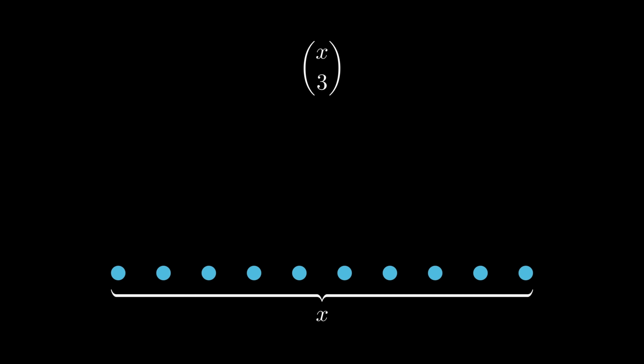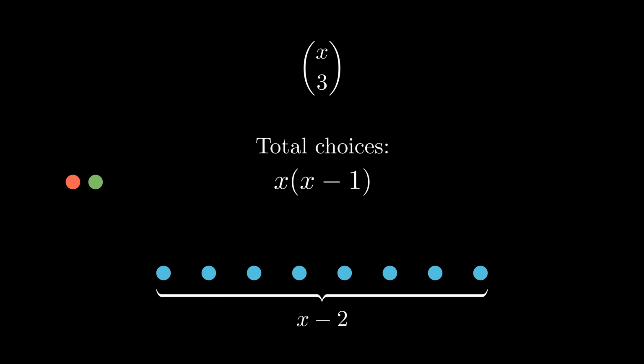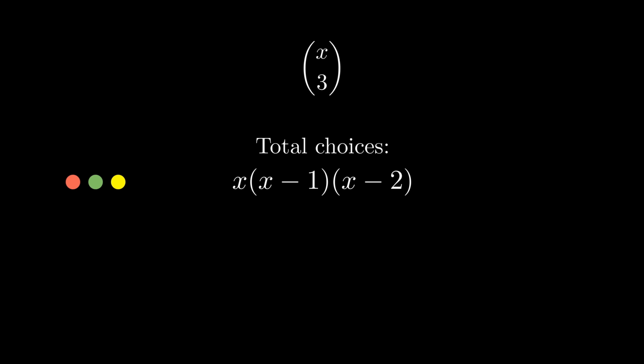If we have x items, and we want to choose 3, we start by choosing 1 out of the x items, so we have x total choices. Then, whichever item we chose, there are x minus 1 remaining items from which we can choose our second item. And now that we've chosen 2, there are x minus 2 options for the third item. So we have x times x minus 1 times x minus 2 ways of choosing.